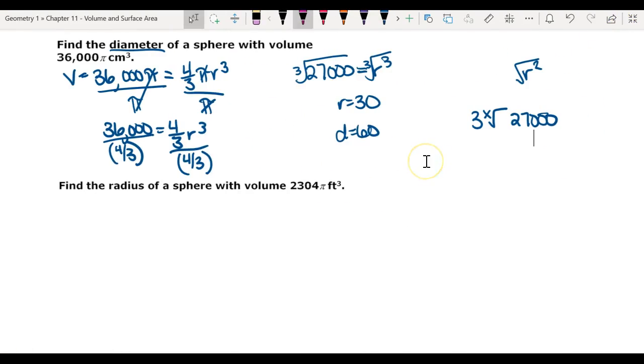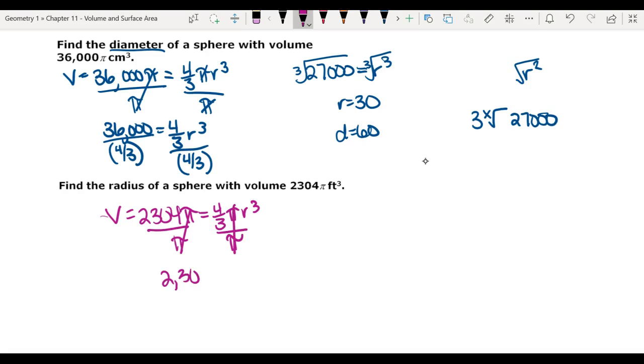So you would get volume equals 2,304 pi, which equals 4/3 pi r cubed. So you would divide each side by pi. So you get 2,304 equals 4/3 r to the third power. Now again, there's a couple of different ways to solve this, but I would recommend dividing and putting 4/3 in parentheses.